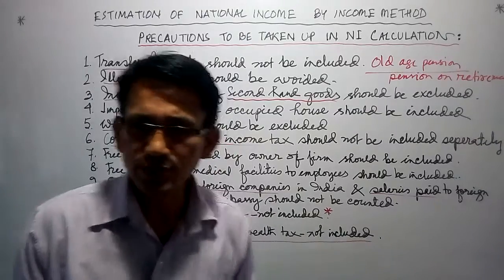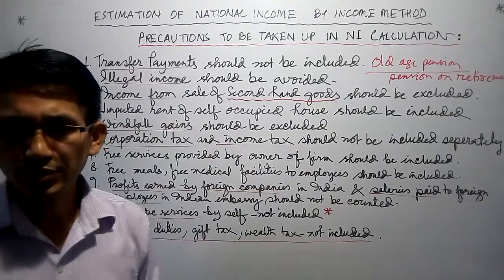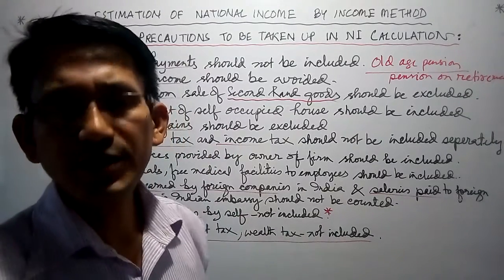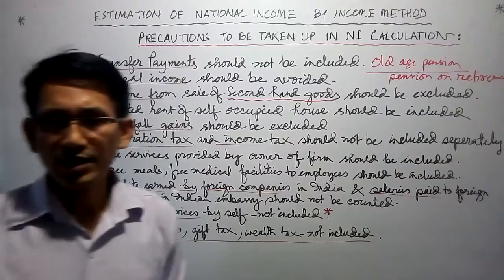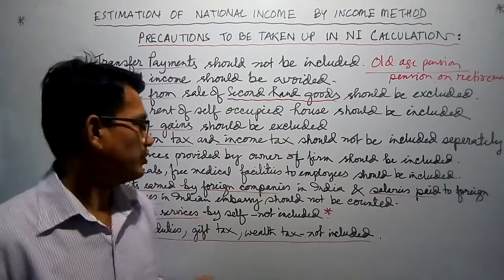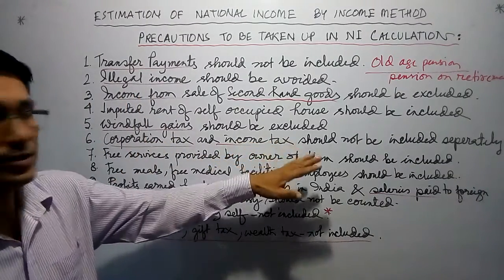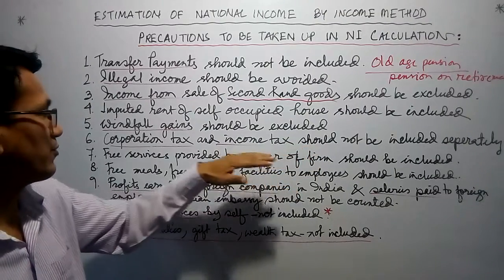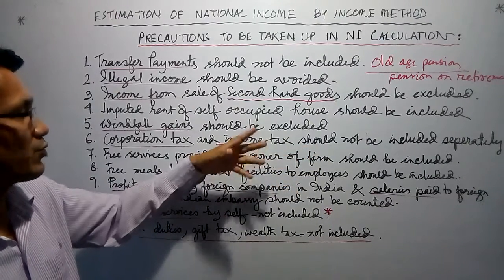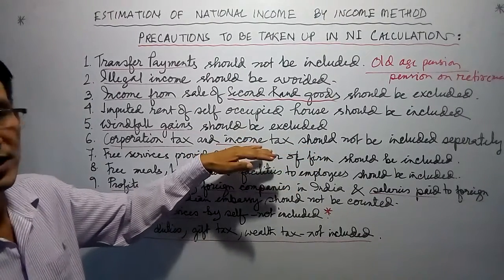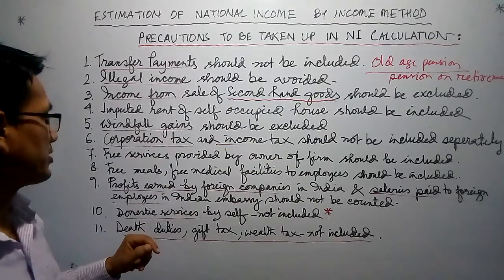So income tax paid by the employees should not be included separately. So both corporation tax and the income tax should not be included separately, because they form part of the profit as well as part of the employee's income.